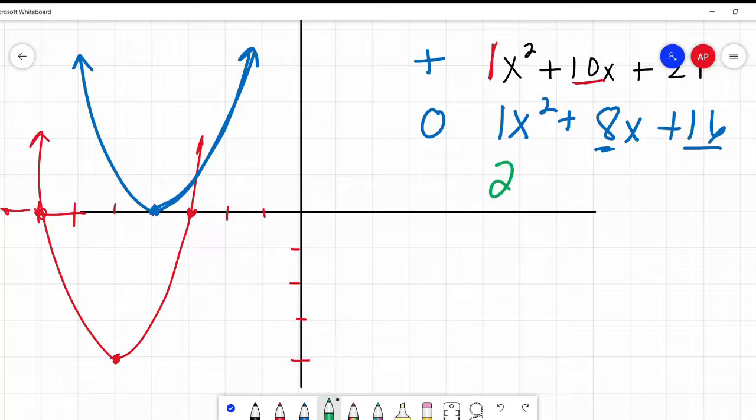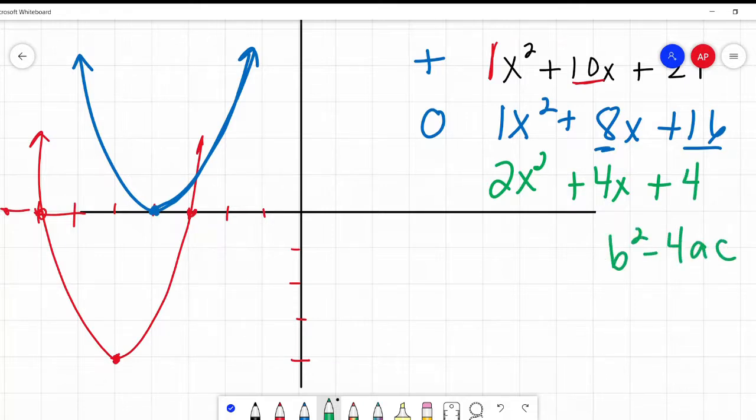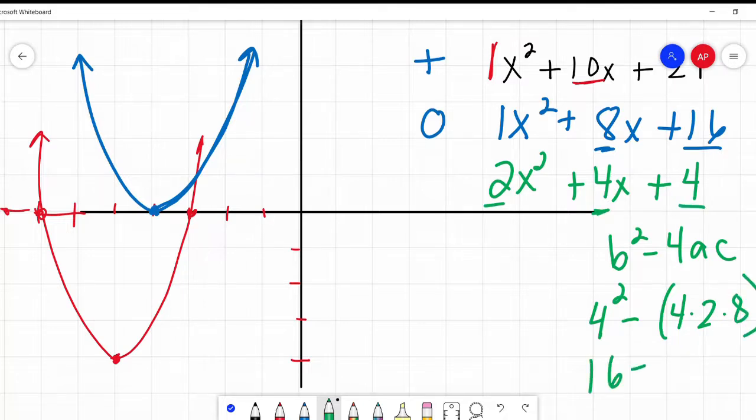And the last one here is 2x squared plus 4x plus 4. Same thing, b squared minus 4 times a times c. We want to know how many solutions it has. My b is 4. 4 squared minus 4 times, my a is 2, my c is 4. 4 squared is 16. 4 times 2 times 4 is 32. 16 minus 32 is, oh, I'm blanking.